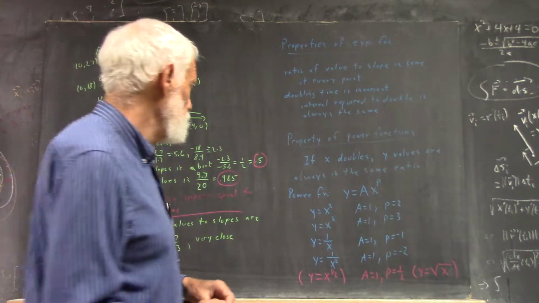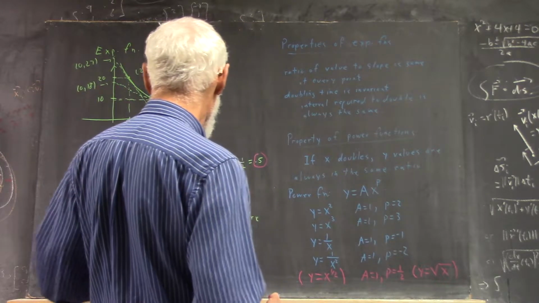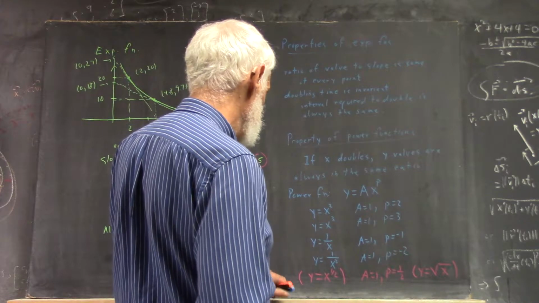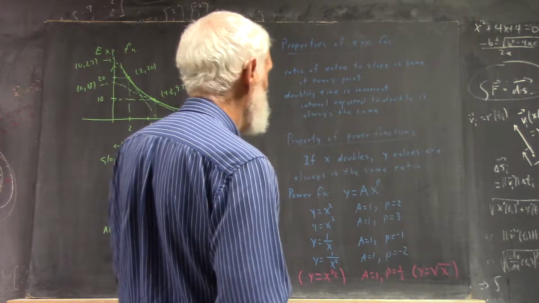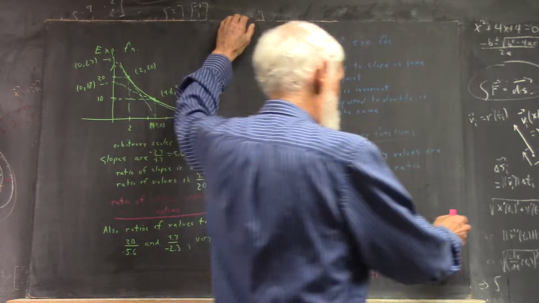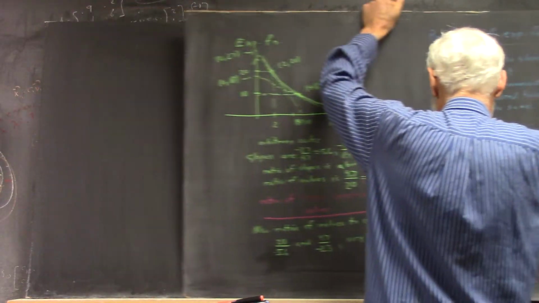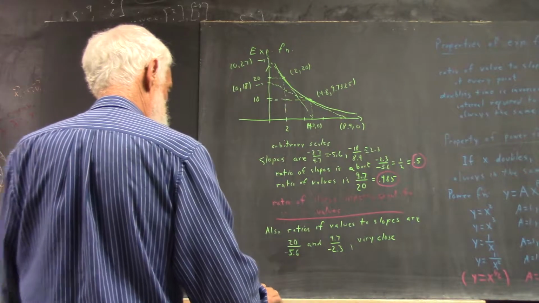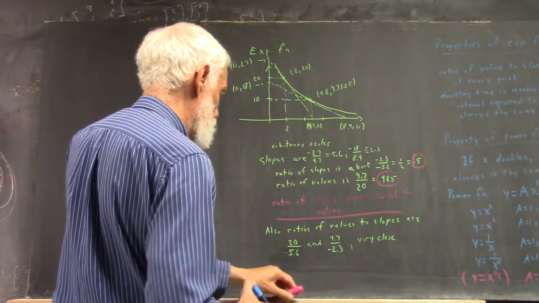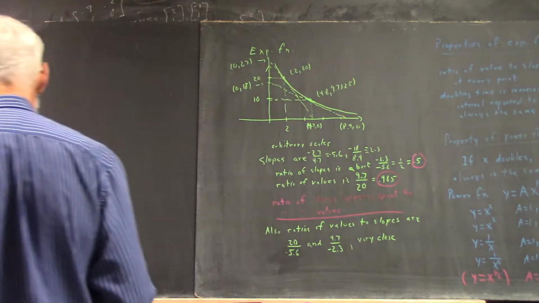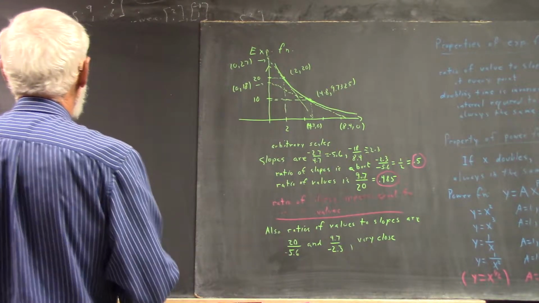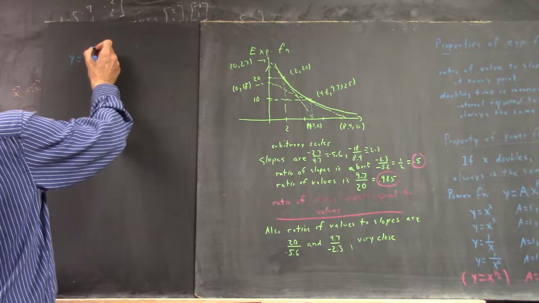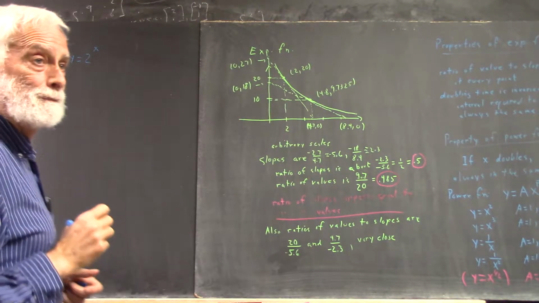Matter of fact, I'm going to do inverse functions quick. Just to tell you real quick how we do this. Because it's so incredibly simple. Okay, so now this is not a power function.